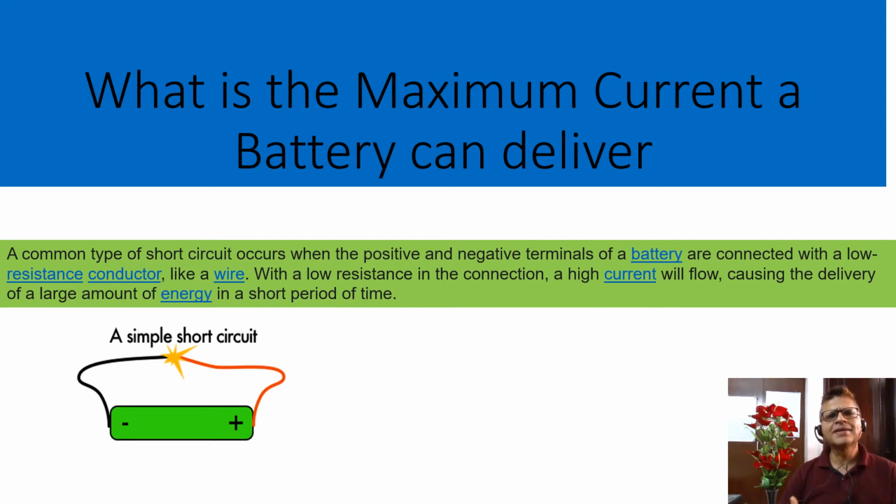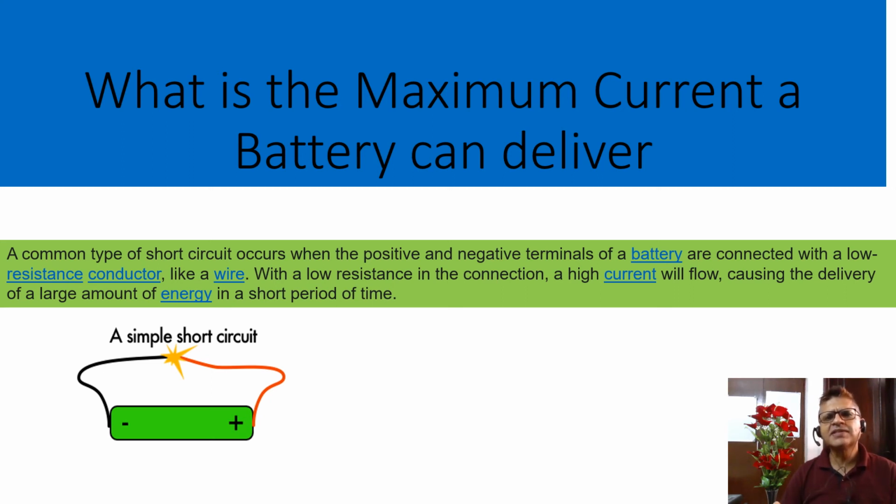And the battery is delivering a lot of current, and you would find a tremendous amount of heat which also gets generated. So if you're discussing the concept of short circuit in circuit analysis and you're analyzing the circuits, you should also know the simpler part of it, where what is the situation when a battery can deliver the maximum current.